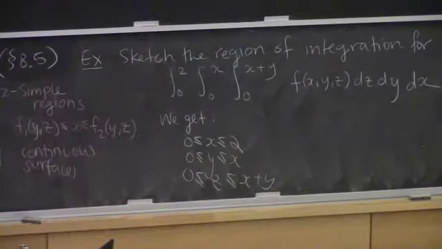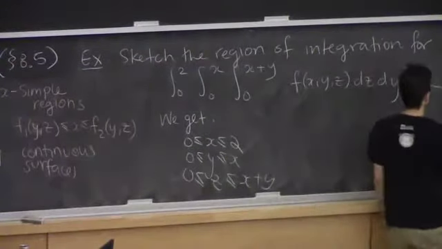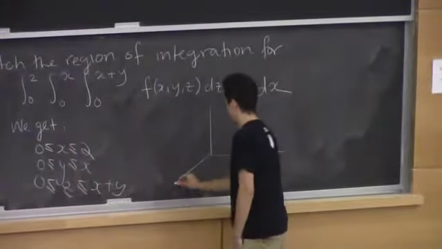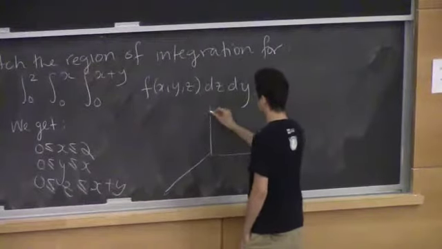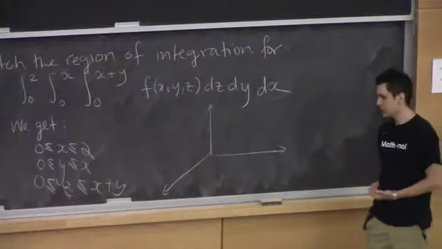Okay, so when we try and put the pieces together, we're going to have 2 slanted planes now. So let's try and draw what this thing looks like, and then we'll try and check our work with the computer.